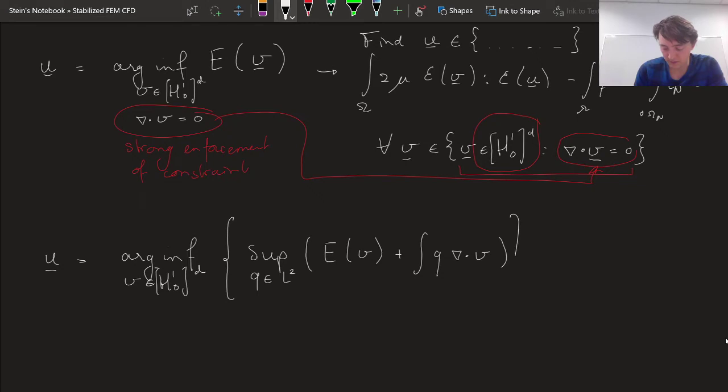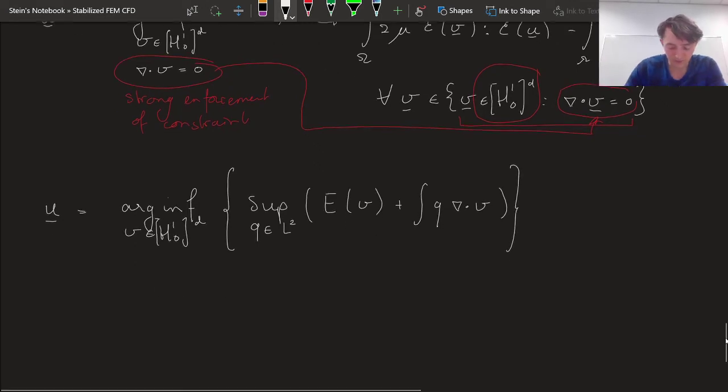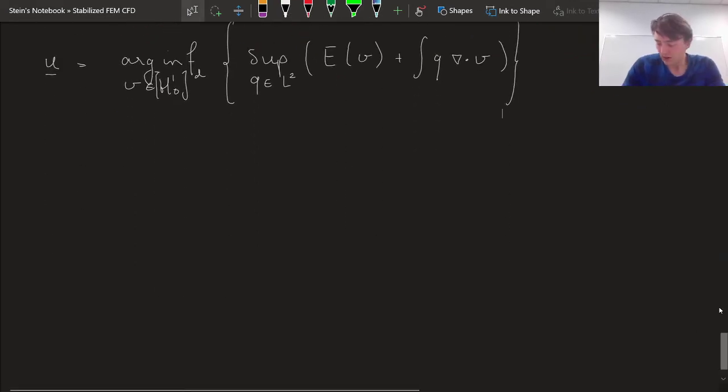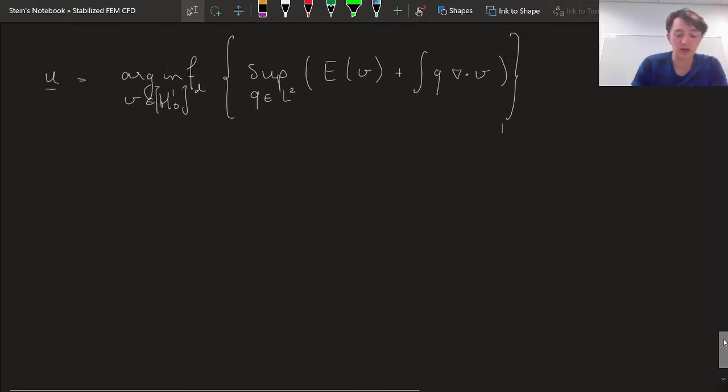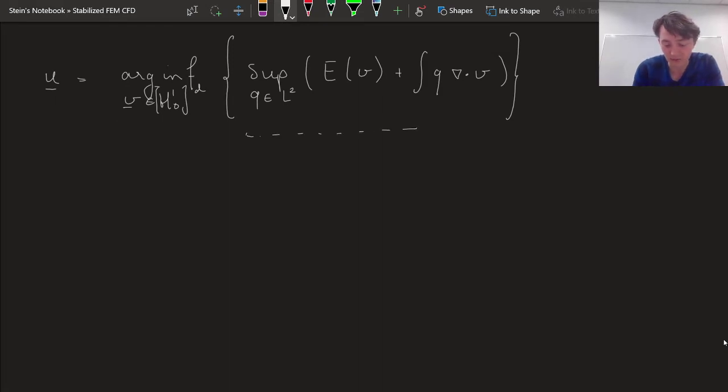I'll write this a bit clearer. So the way that we read this statement is again from the outside inwards. We're going to take a function v, a vector valued function v, and then I'm going to perform the inner operation.